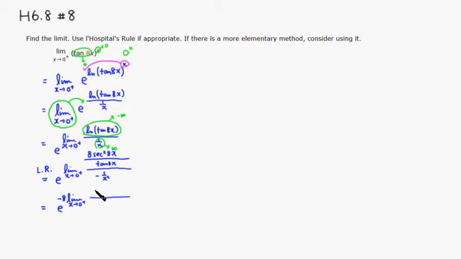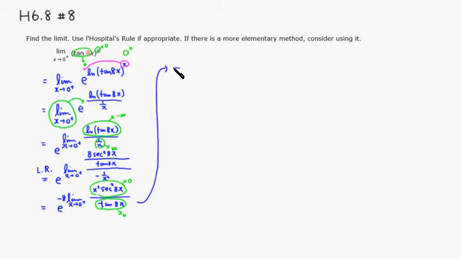So you have x squared times secant squared of 8x on top, and tangent of 8x on the bottom. As x approaches 0, the denominator approaches tangent of 0, which is 0. And on top, 0 times anything is 0, so this approaches 0. So we have 0 over 0, and we're going to do another application of L'Hopital's rule.